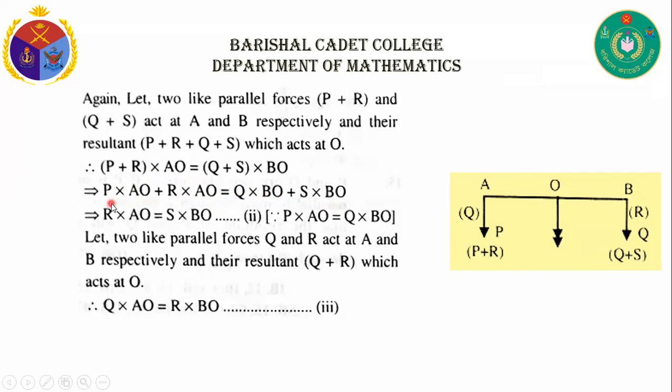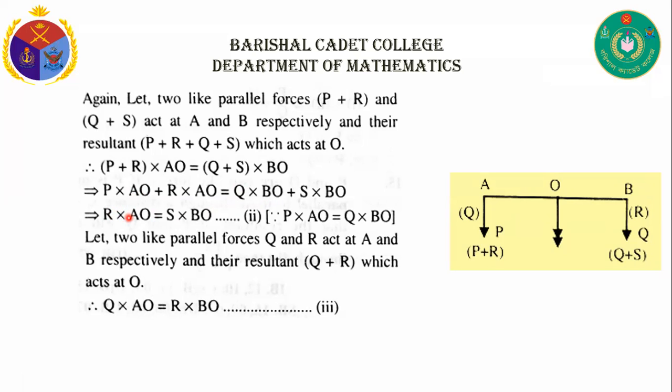Here P × AO = Q × BO, so we can eliminate these from both sides. So we can write R × AO = S × BO.